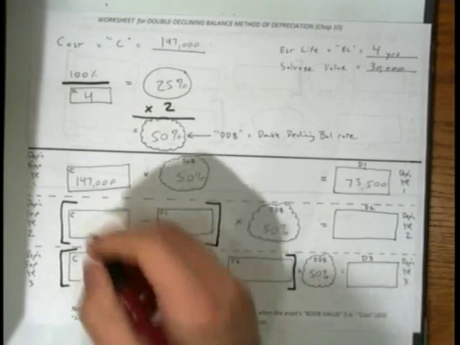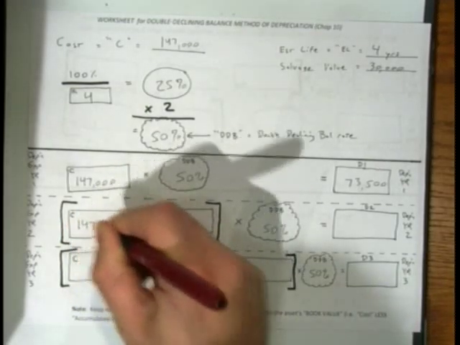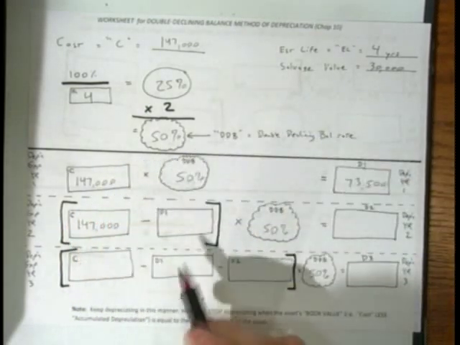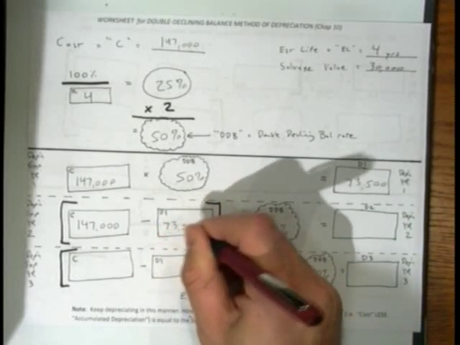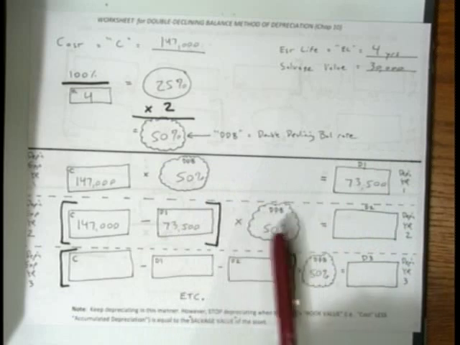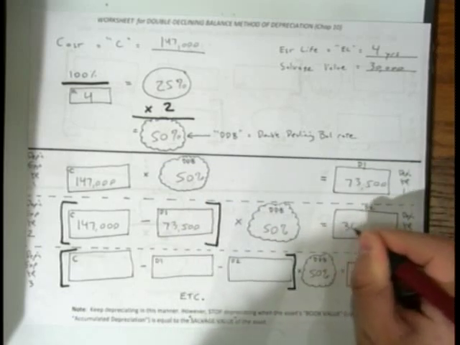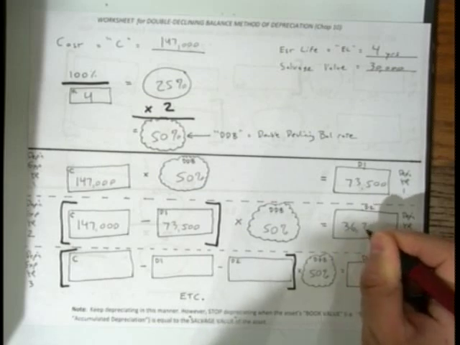Okay? The second year, we take the cost of $147,000 minus what we've depreciated so far, which is just what we did in the first year. And we're going to take that times 50%, and we're going to get $36,750. Is that correct? You with me?